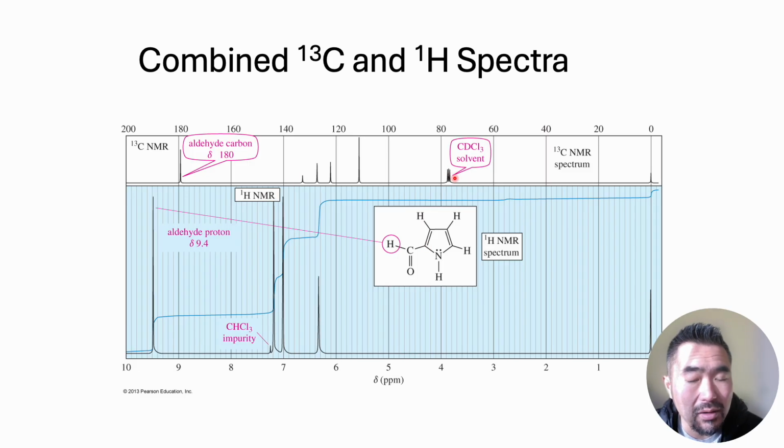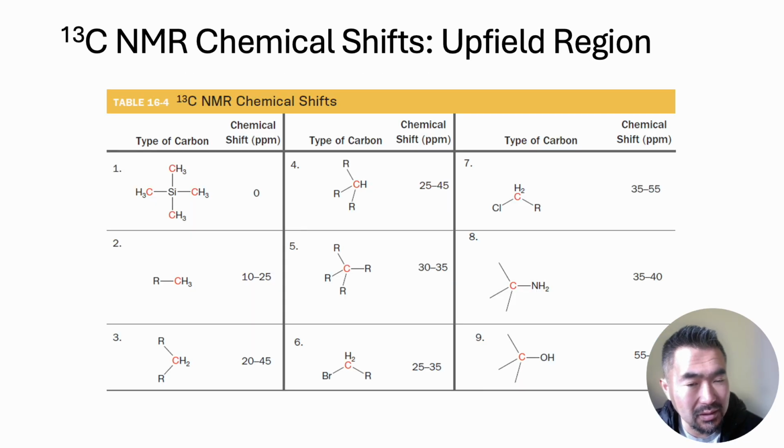Often carbon NMR also would show the carbon from the solvent, which is CDCl3, which is split into a triplet because of the deuterium, which has two subatomic particles in the nucleus, one neutron and one proton, and that shows up usually at 77 ppm, and that's another thing I want you to know.